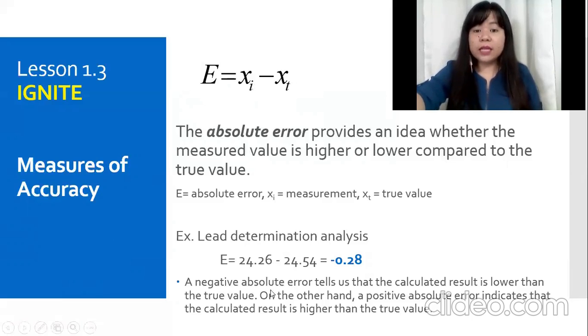In this case, the negative absolute error tells us that the calculated result is lower than the true value. On the other hand, a positive absolute error indicates that the calculated result is higher than the true value. Also, I'd like to emphasize that absolute error in this case does not mean absolute value. The name simply mentions the word absolute, but there is no absolute value function anywhere in the formula.